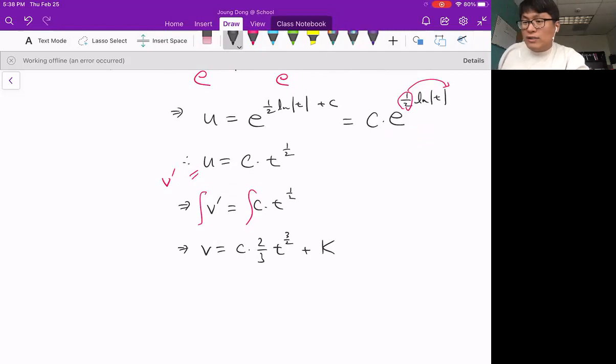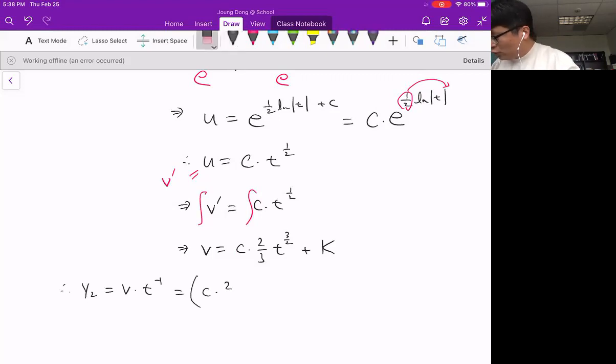And where was v? It was related to y2, right? y2 is v times t to the -1. Am I doing this right? Was it -1? Yes, yes. And then that is c times 2/3.